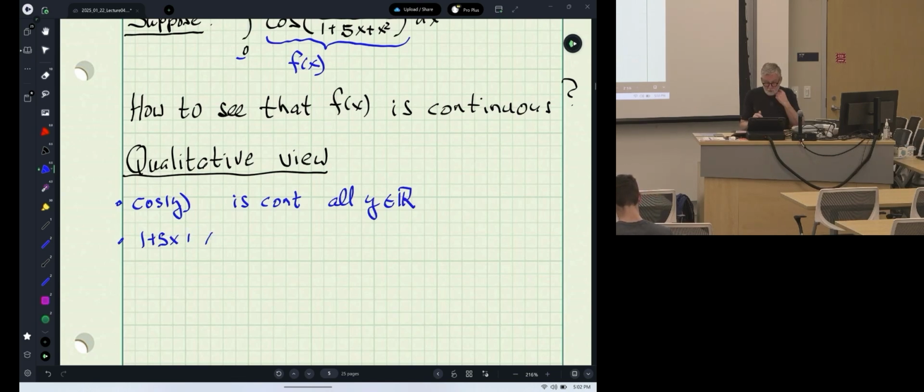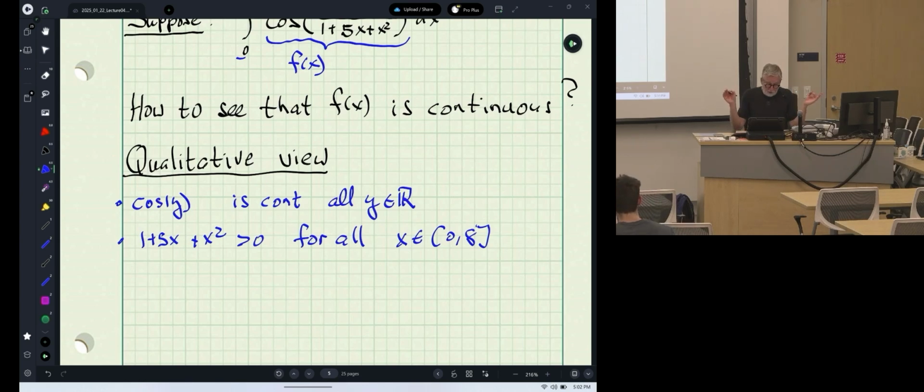I don't know where I got the 8 from. Okay, so that's strictly greater than 0 for all x in the interval 0, 8. That's where I got the 8 from. Okay, so for all x in the interval 0, 8, that's positive.